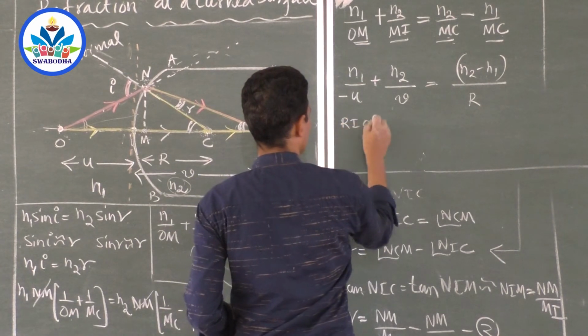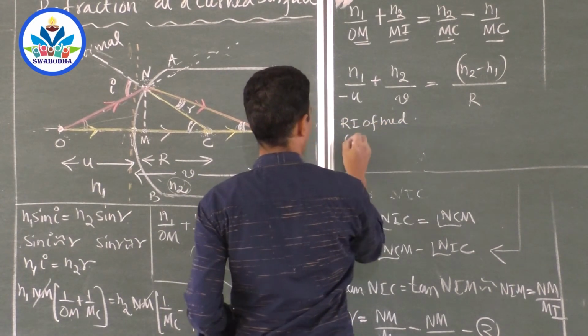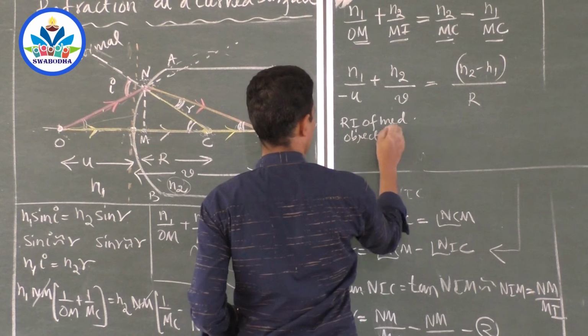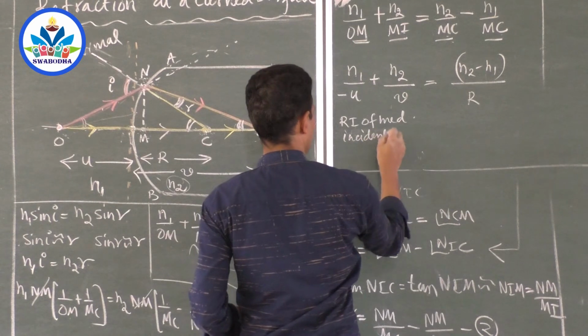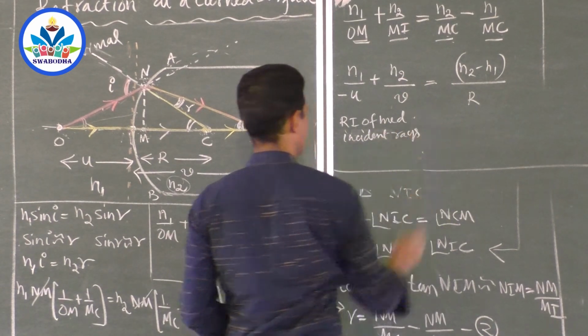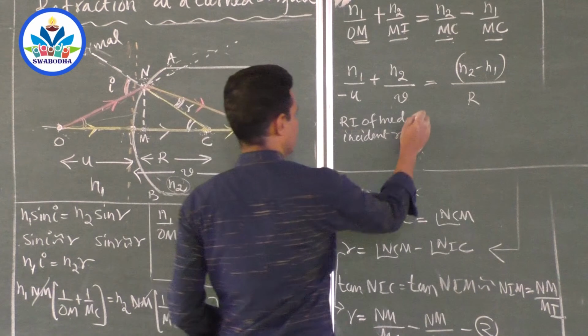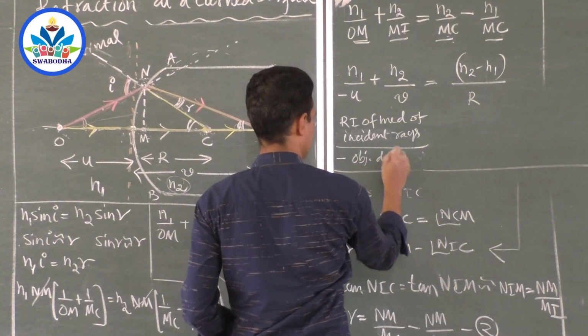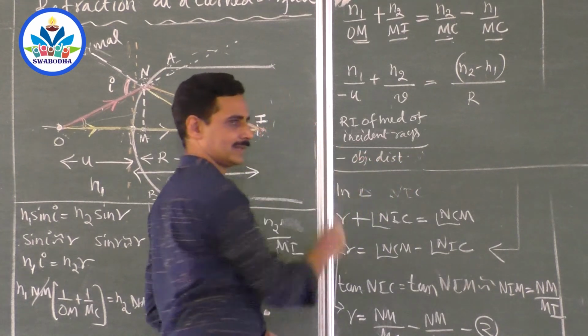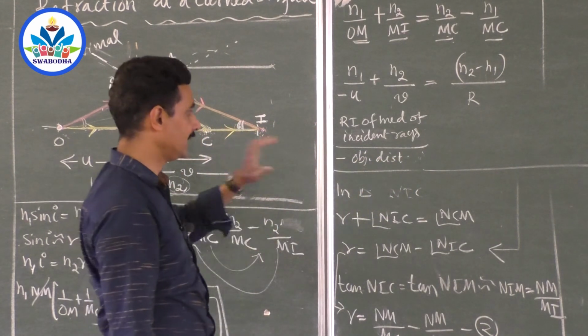Refractive index of the medium where incident rays are present, divided by negative of object distance. Of course, you need not write this in the examination, just to know the idea behind it.